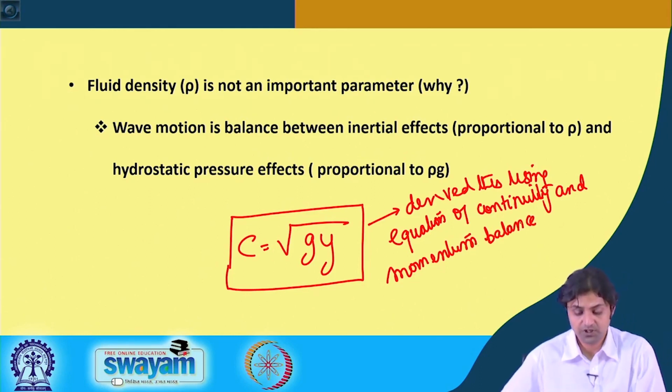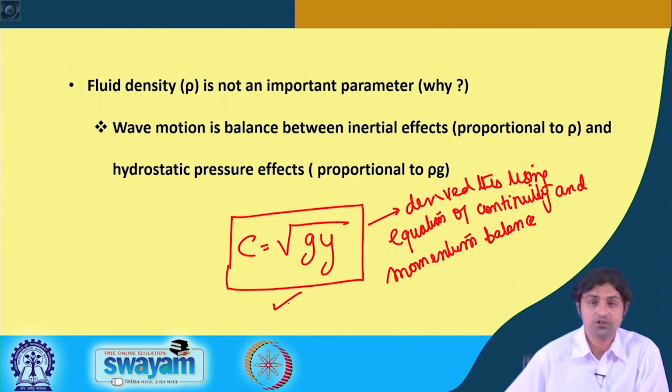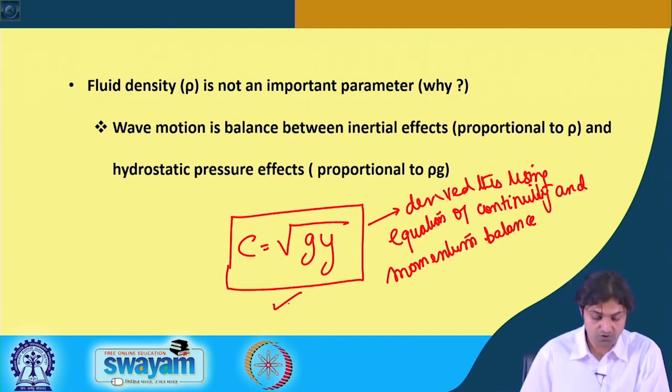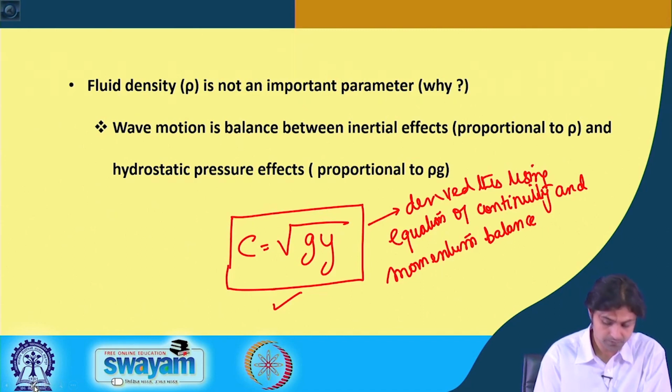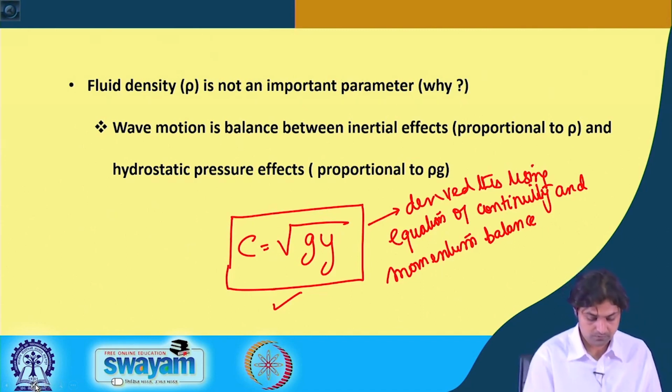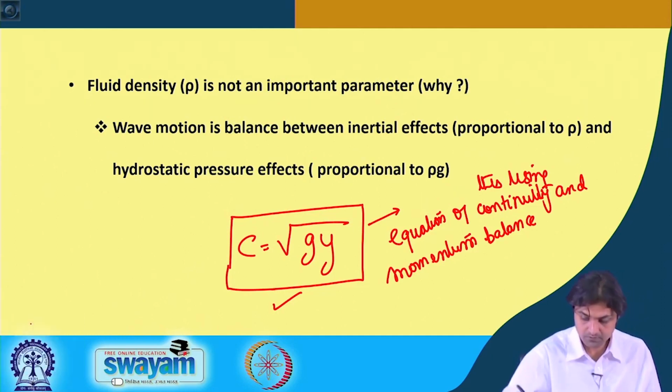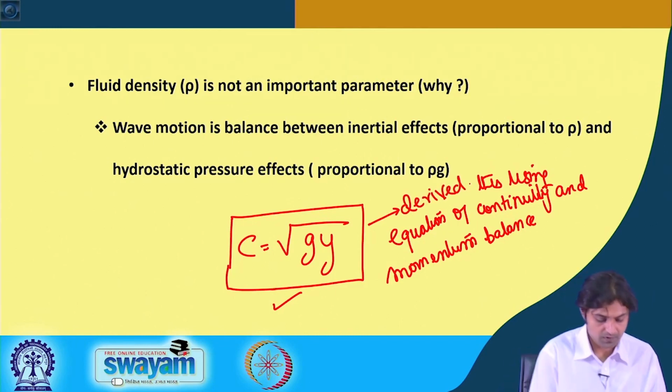Okay. So, if you are given a question, this is what you are going to use for a single solitary wave. That is the only equation that you should be remembering to solve this question. All right.